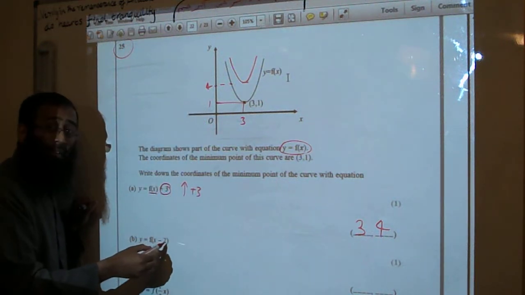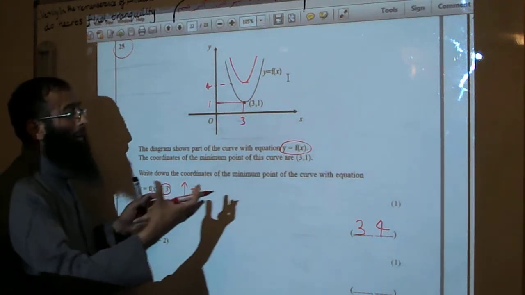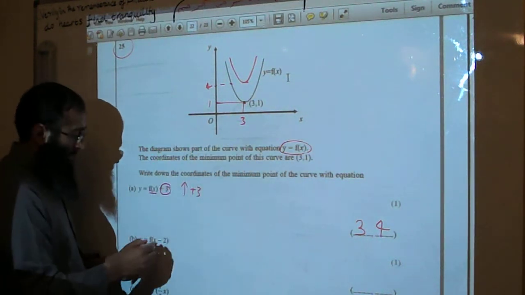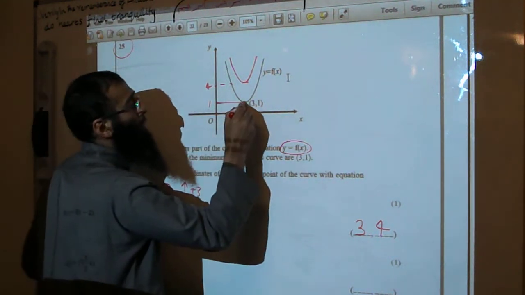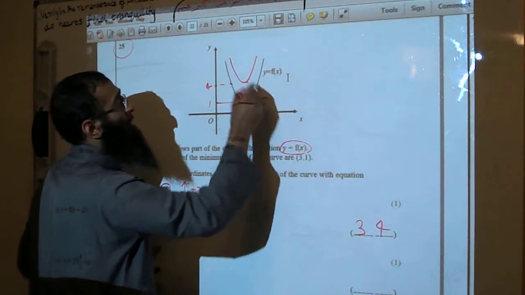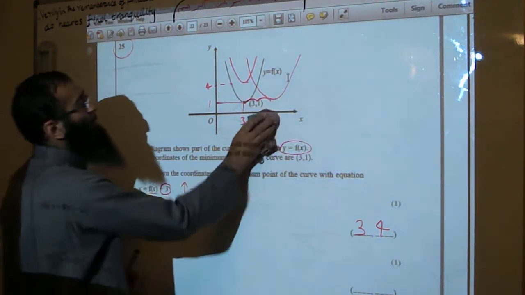This is a decrease inside the function. When you have it inside the function, you tend to think of minus as move towards the left, but it does actually have the opposite effect. So that minus 2 inside the function means we're going to move the graph 2 places to the right. So look at the previous function.